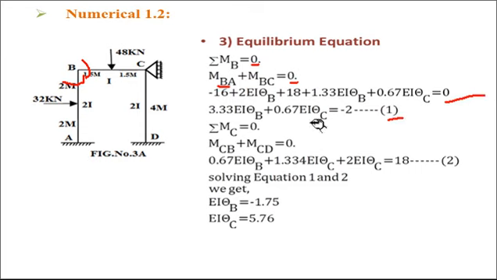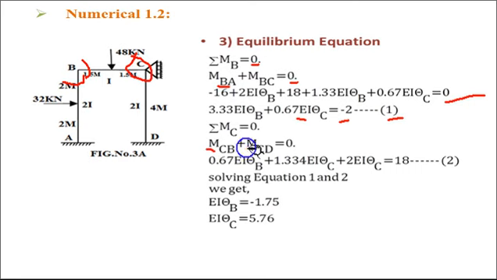By solving, we have 3.33 EI theta B plus 0.67 EI theta C is equal to minus 2. This one is equation 1. Now the second equation, the equilibrium equation at C: whatever moment is coming on joint C, their summation should be equal to 0 to maintain equilibrium or stability. C is connected with two members, so two moments will be there.